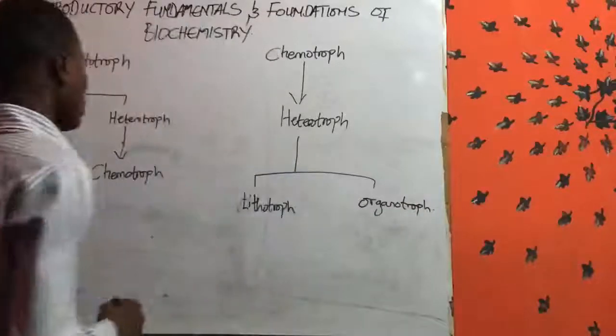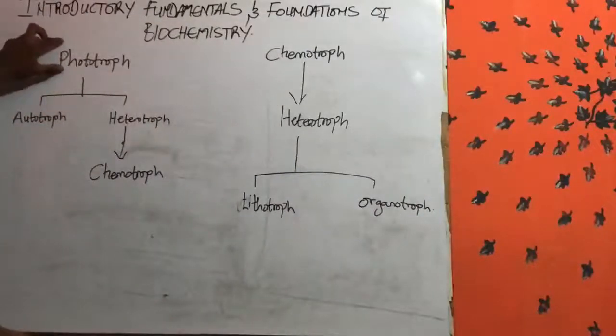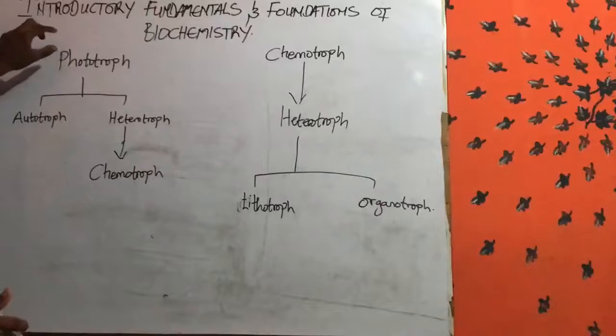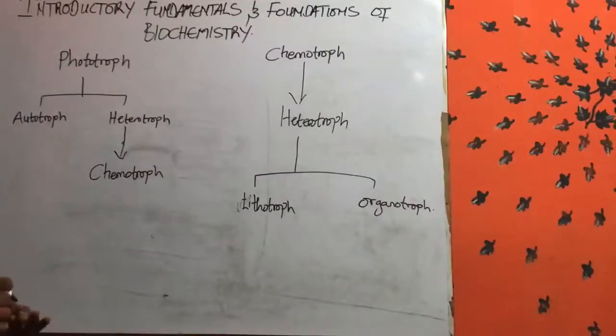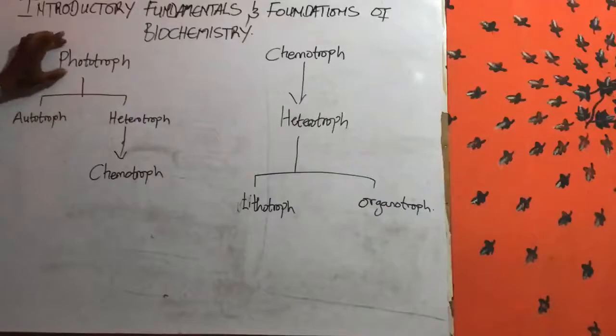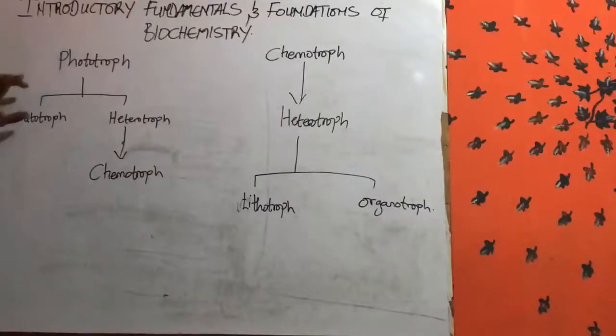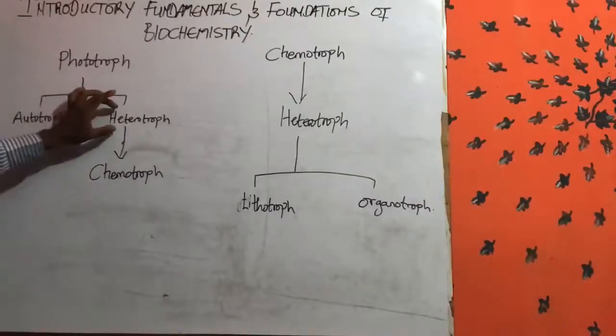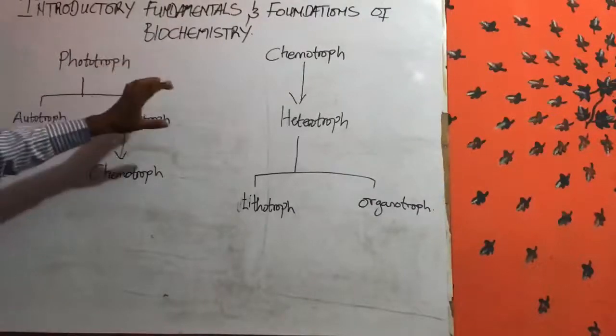Now let me explain this. My phototroph, which means organisms that have the ability to use sunlight as their form of energy, can be divided into either autotroph or heterotroph, which means it gets the energy from the sunlight. Having gotten the energy from the sunlight, it can create its fuel either by itself or it depends on already made food.